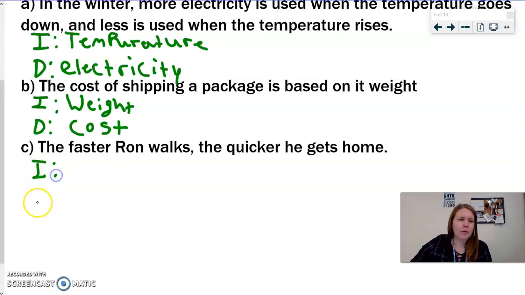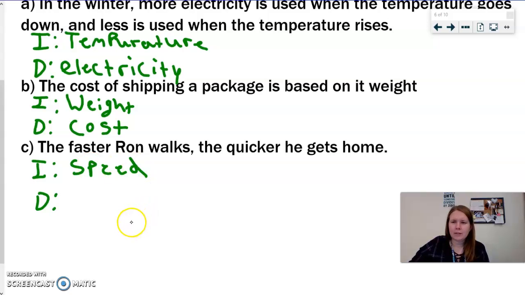All right, and one more here. It says, the faster Ron walks, the quicker he gets home. Usually we think about what's happening first to have the next thing happen. That's another way to identify independent versus dependent. In this case, your independent is how fast he's walking. So his speed, I would say.